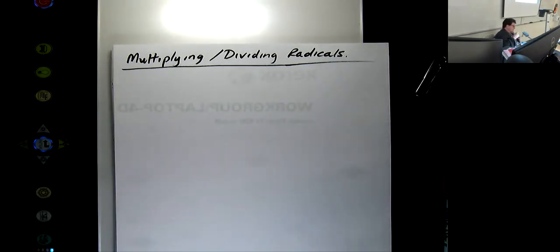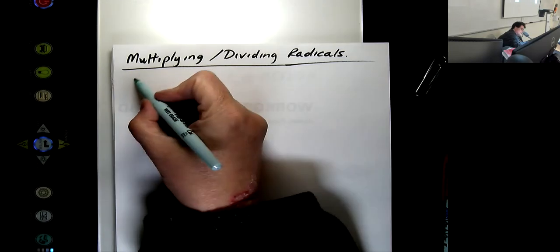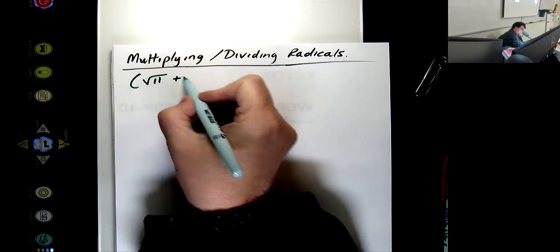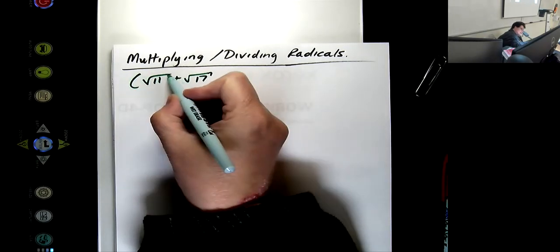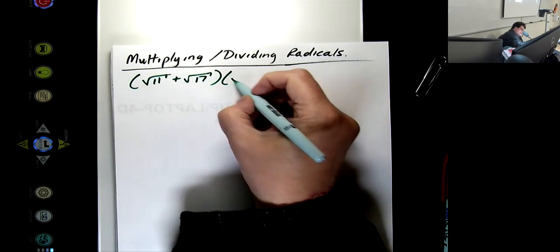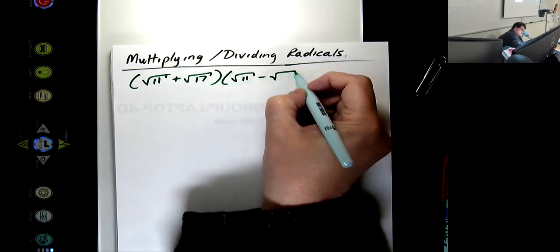Let's just start out the gate with an example. Square root of 11 plus square root of 17, and I'm going to multiply that by the square root of 11 minus the square root of 17.